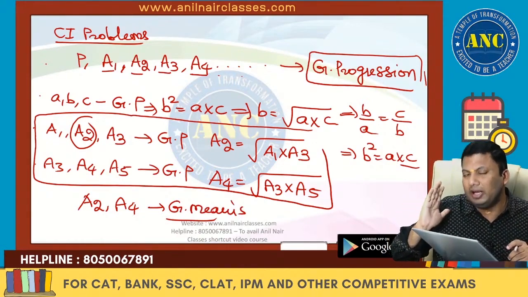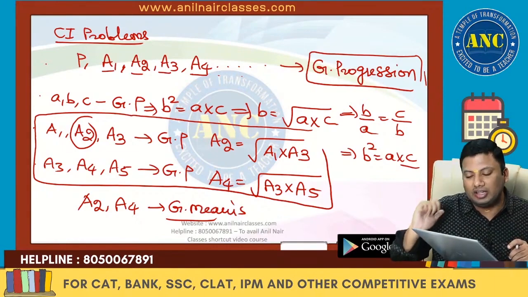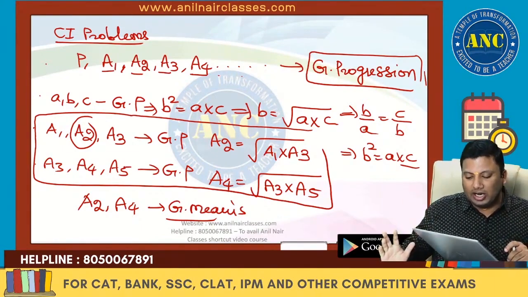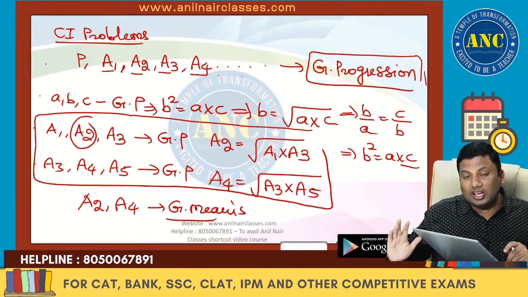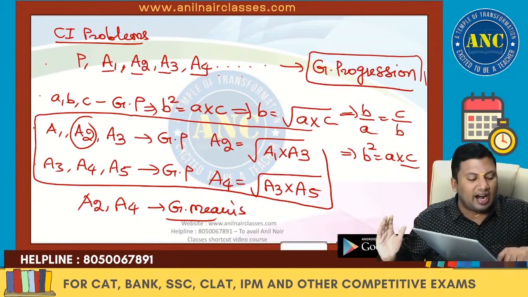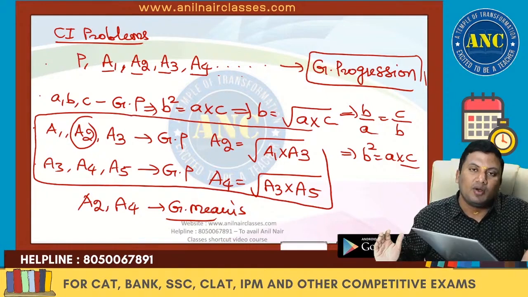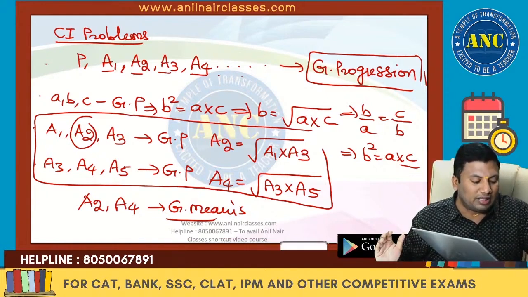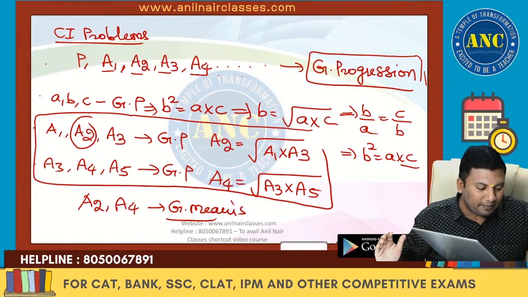It's extremely important for you to understand the concept. Once you understand the concept, then solving the problems is very, very easy. I hope this is clear. Why SI is an additive method? Why CI is a multiplicative method? I hope the idea is clear.